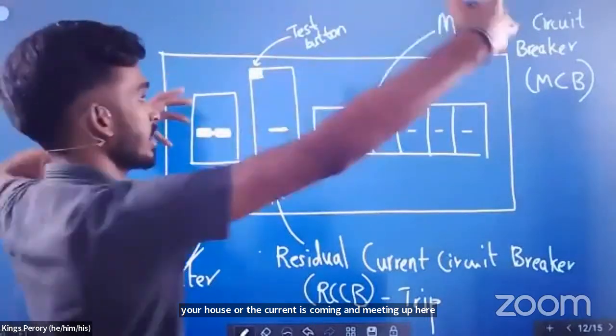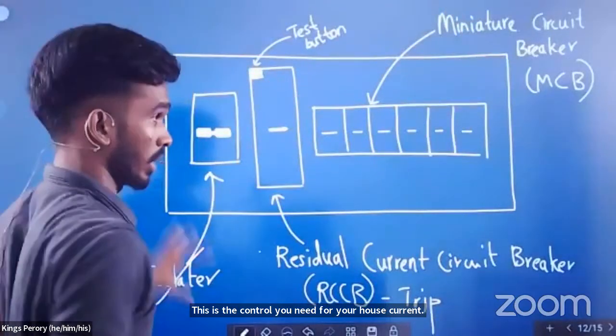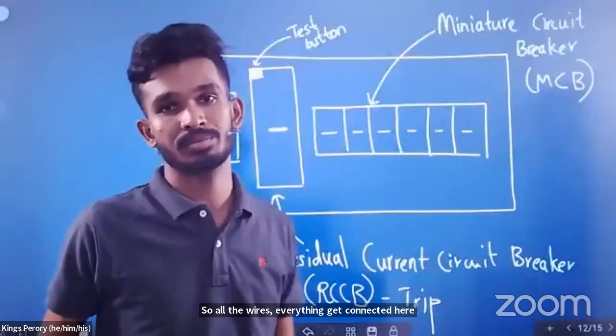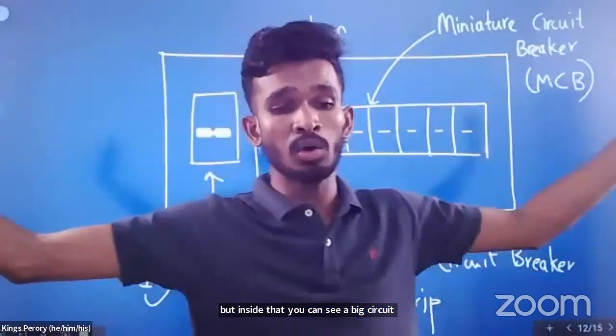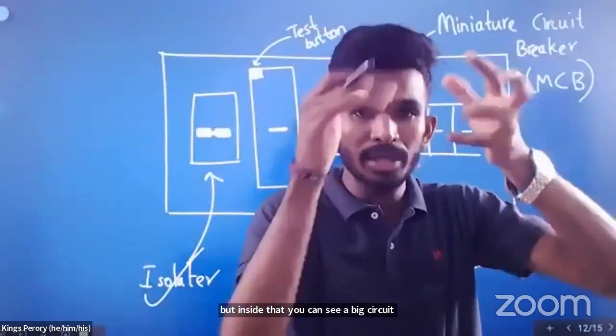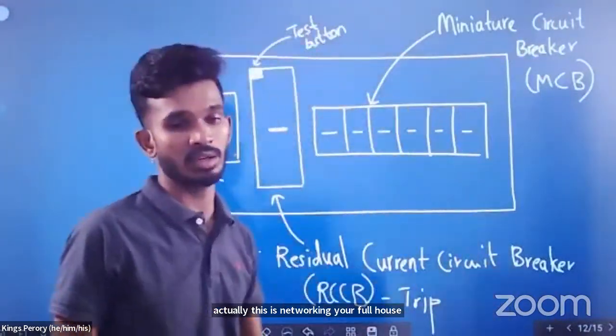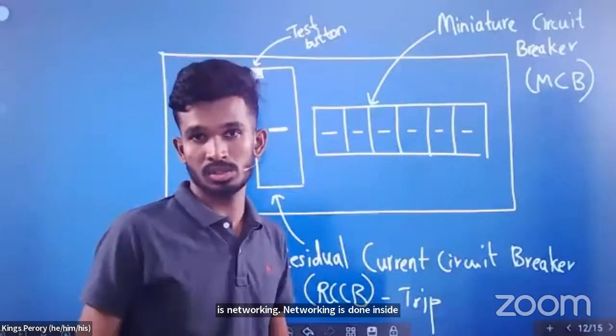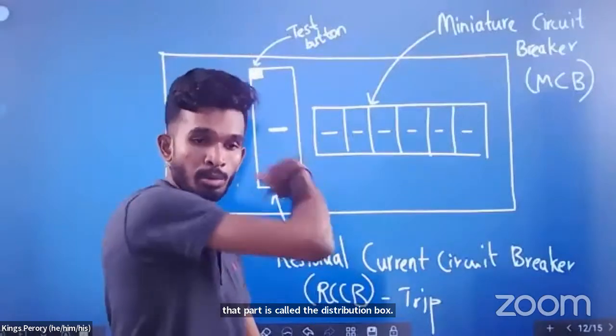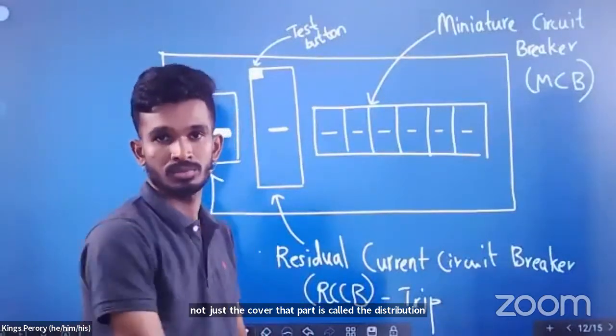So all the wires get connected here. Inside that, you can see a big circuit. Actually, this is networking. Your full house current is brought into one place. Controlling unit. Networking is done inside. That part is called the distribution box, not just the cover.